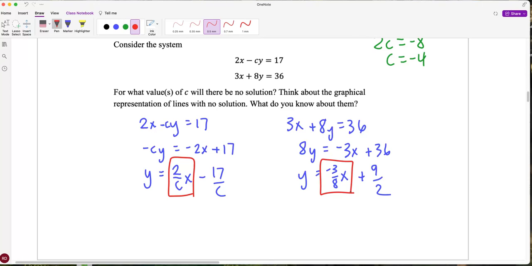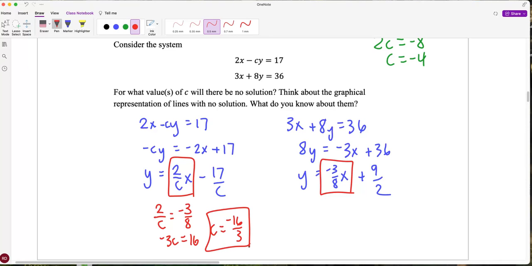If they have the same slope, then you know that 2 over c has to equal negative 3/8. If I cross multiply there, you get negative 3c equals 16, or c is equal to negative 16 over 3. So that's what has to happen for them to have the same slope. Now, if there is no solution, they also have to have different y-intercepts.